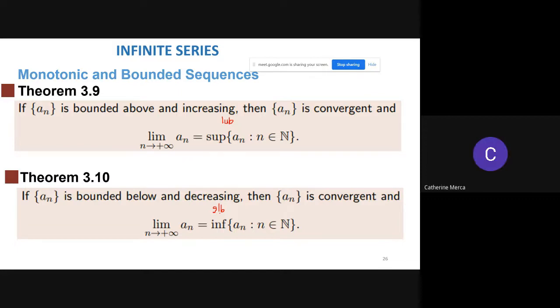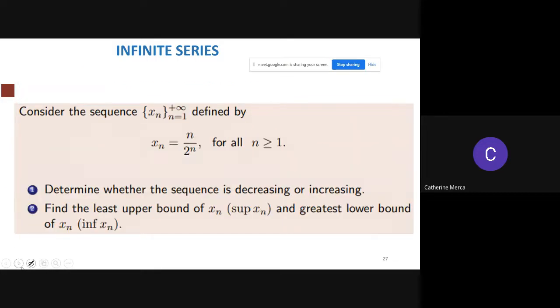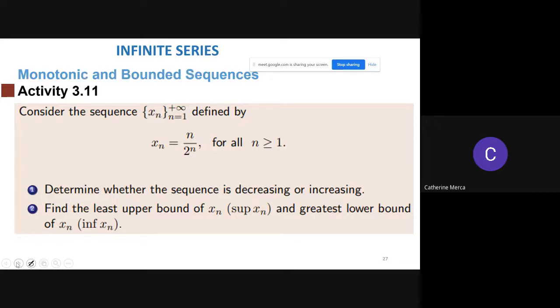Okay, good. Now, you have to consider the following again. This is your activity 3.11. Nakuha naman ta ganiha, discuss naman ta on how to determine whether a sequence is decreasing or increasing. If decreasing siya, dapat i-show ninyo na decreasing, na greater than ang value sa prior. Pag increasing siya, you have to show na ang next na number, a sub n plus 1, is actually bigger.